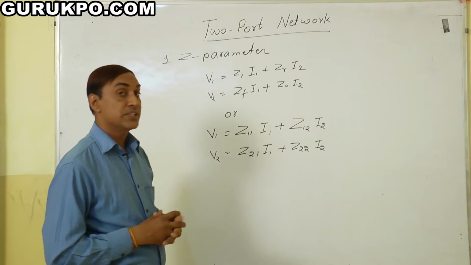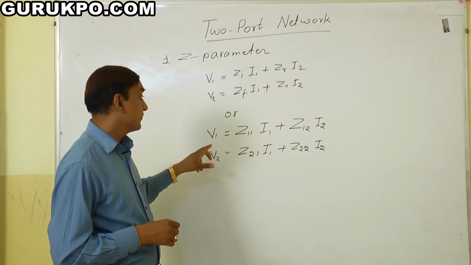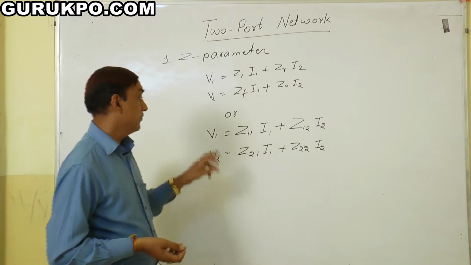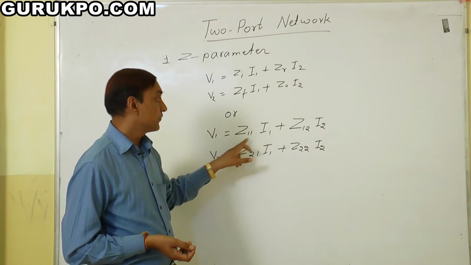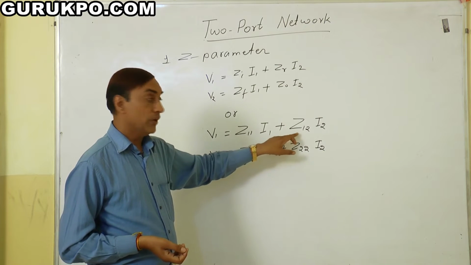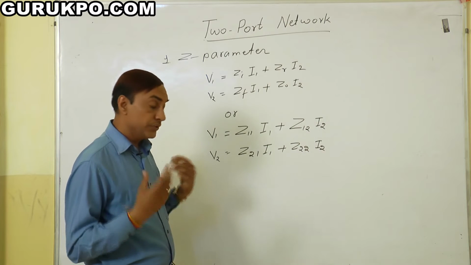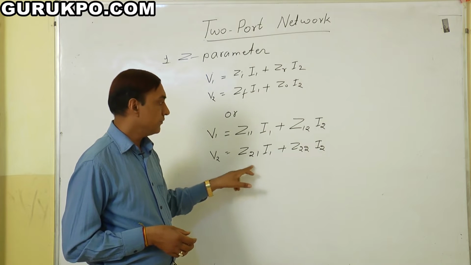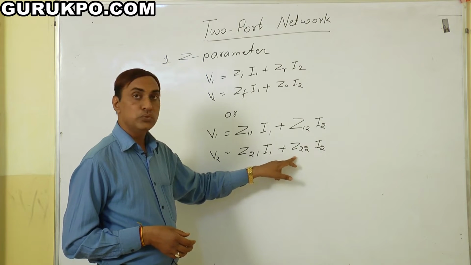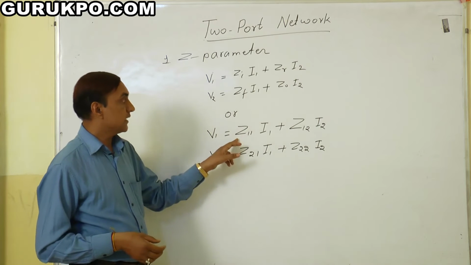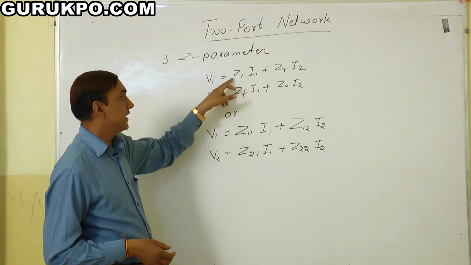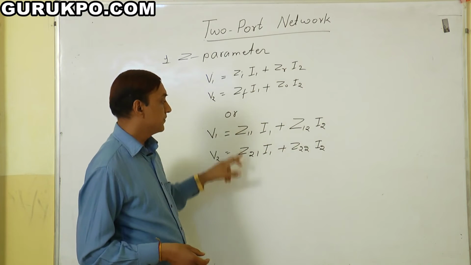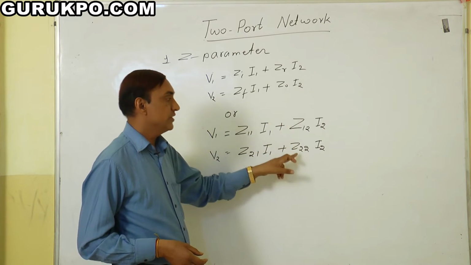That's why we choose some specified parameters: V1 and V2. Now we write the equations: V1 is equal to Z11 I1 plus Z12 I2, and V2 is equal to Z21 I1 plus Z22 I2. These parameters are equivalent: Zi is Z11, Zr is Z12, Zf is Z21, and Zo is Z22.